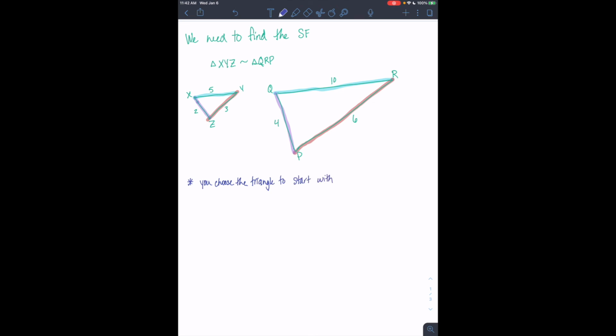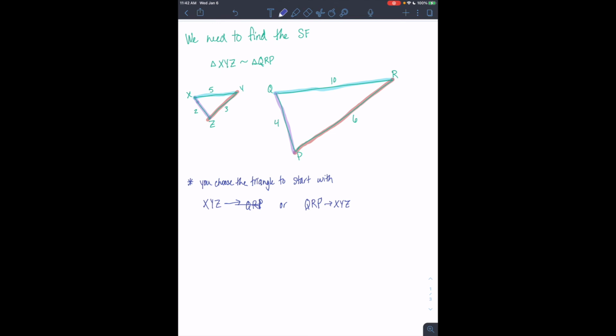So I could say I'm going to start at XYZ and go to QRP, in which case I need to figure out what I multiplied the side lengths of XYZ by in order to get the side lengths of QRP. Or I could start at QRP and go to XYZ. Either way is fine, but they're going to give you a slightly different scale factor, so we have to be specific.